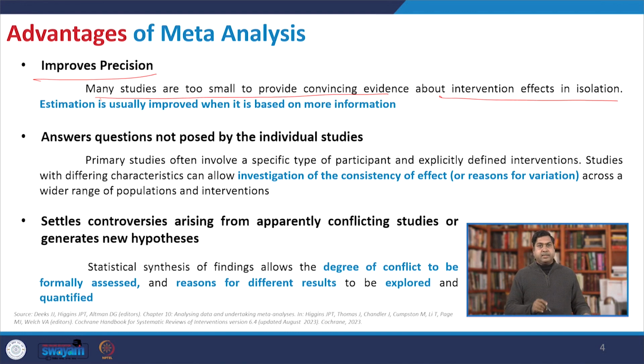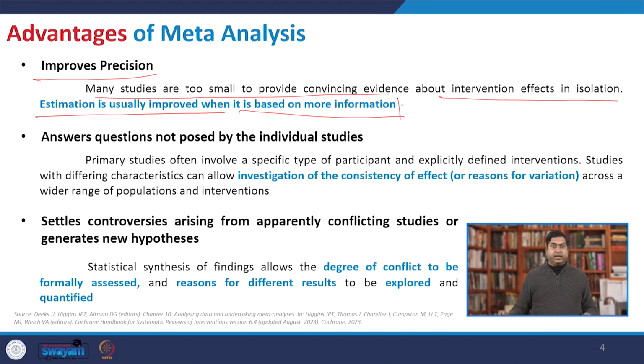In some cases it is obvious, and it was found in many such instances, that estimation is usually improved when it is based on more information. If you have a very small sample size, if you only do a particular group size, then it may be a biased outcome, or maybe not clear evidence of that particular phenomenon.